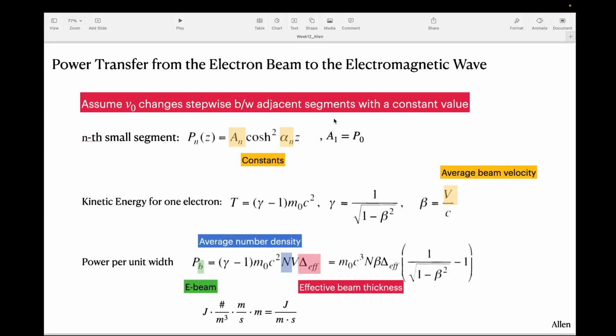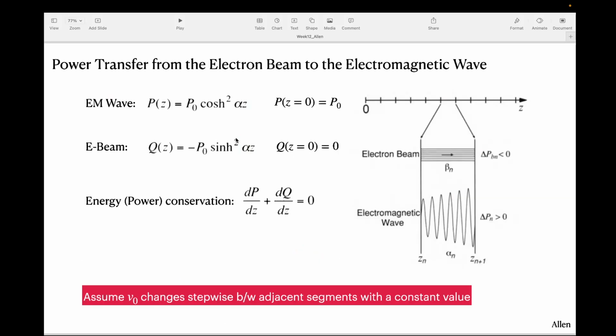With this concept, of course, we can divide it into several segments. For the nth segment of the EM wave, we can consider that it has two constants, an and alpha n, where the first segment, of course, corresponds to P0, as we have just defined here.